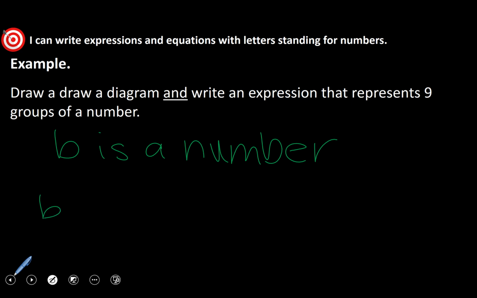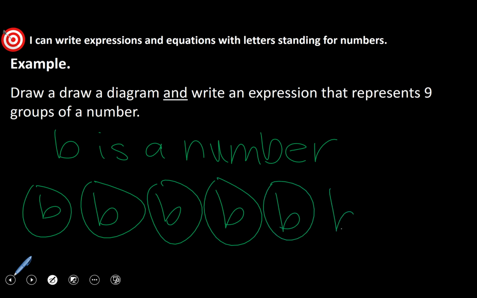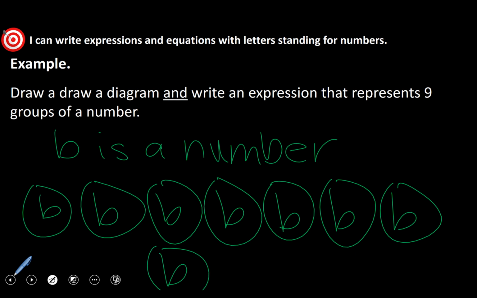So we have 1 group, 2 groups, 3 groups, 4 groups, 5 groups, 6 groups, 7 groups, 8 groups, 9 groups. Okay, there's 9. Let's count those out. 1, 2, 3, 4, 5, 6, 7, 8, 9 groups of B.